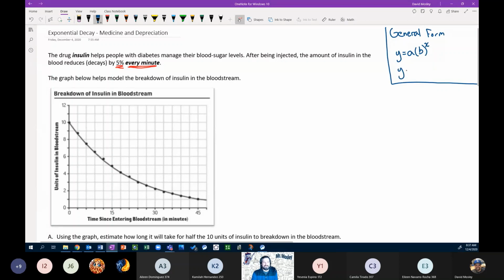We can also have exponential decay rules that are similar to our population growth or interest problems that we saw earlier last week, except in this case, we're using subtraction because we're losing a certain portion of value in the entire whole. So these are the two general exponential functions.